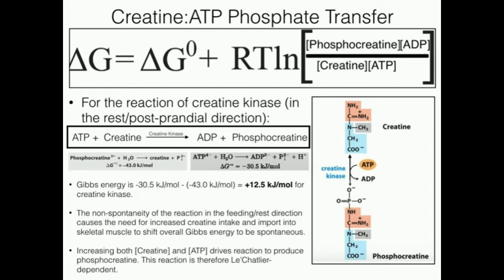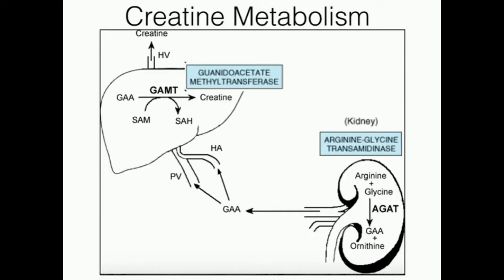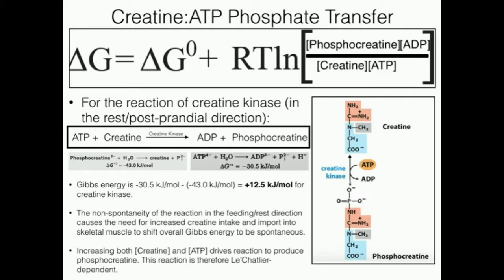Additionally, because we're going to be doing biosynthesis at that point, creatine concentration rises because of these reactions right here, and the muscle cell is going to be intaking creatine. So because the denominator here is rising, that's going to make this term overall more negative, and once it surpasses positive 12.5 kilojoules per mole, overall delta G is negative, and we can run from creatine to phosphocreatine.